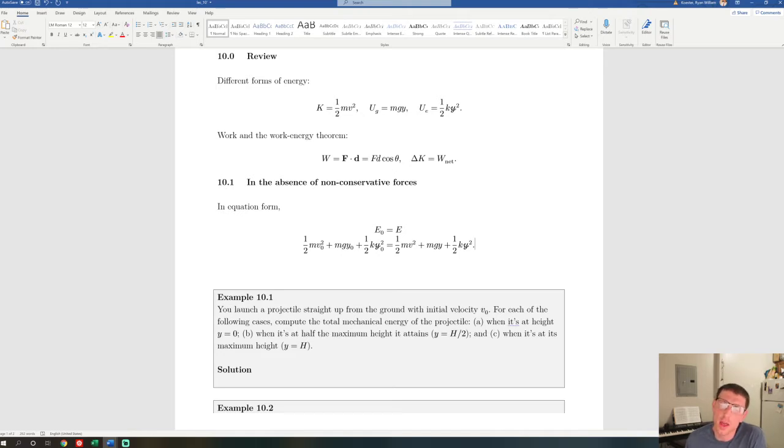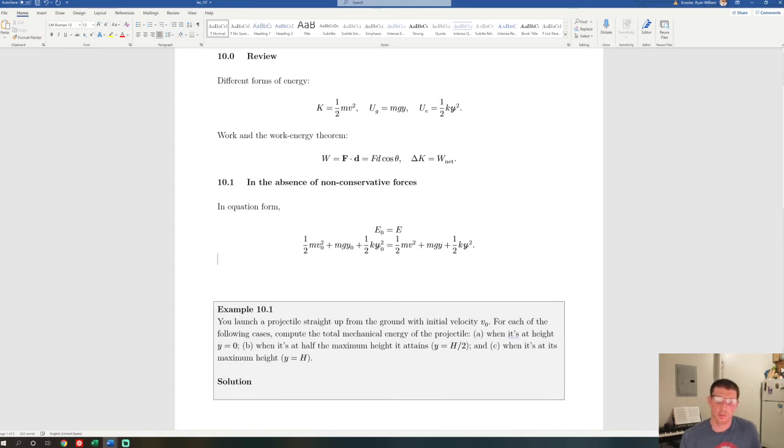And that would involve all three forms of mechanical energy that we've discussed so far, right? Kinetic, gravitational potential, and elastic potential. But we won't always need all three of these terms, as you'll see in some of the examples we do. Okay, so let's talk about what this means a little bit.